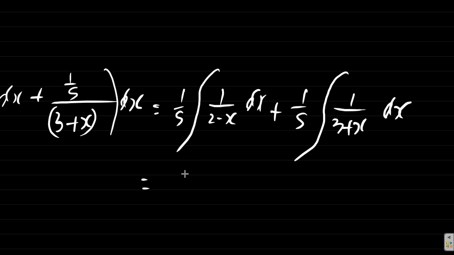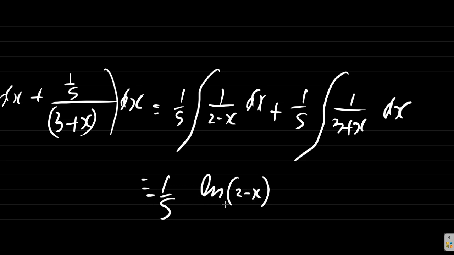Now, this would be, just by memory of the shortcut method, 1/5 ln of 2 minus x, divided by the derivative of 2 minus x, which is negative 1.